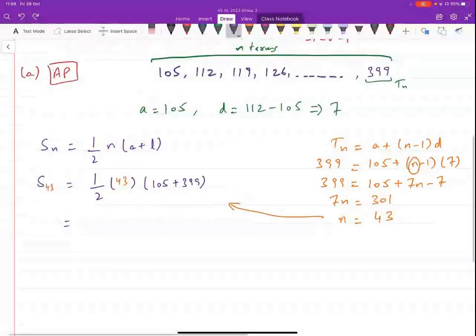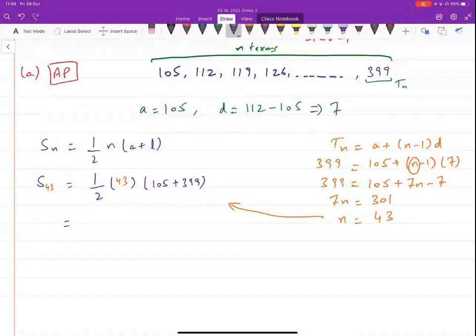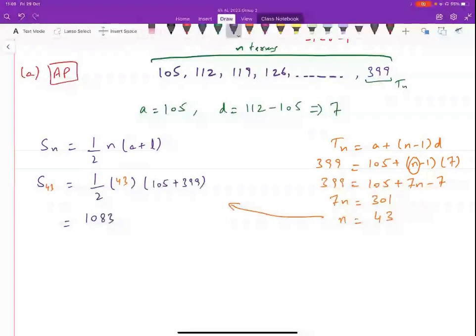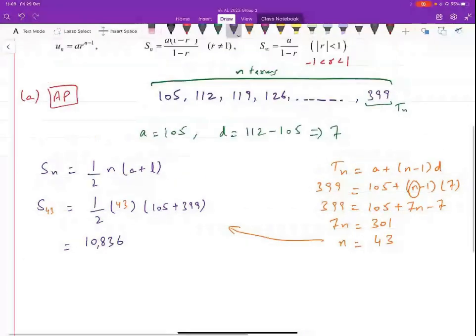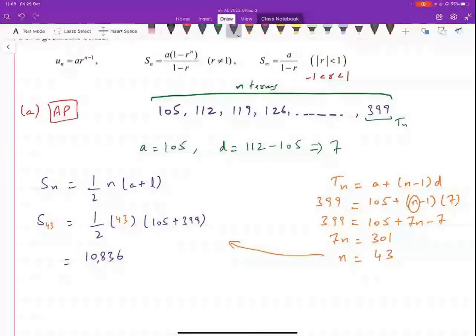What is this thing? 10836. So that is the sum, 10,836. Okay? So that's the sum of all of these terms.